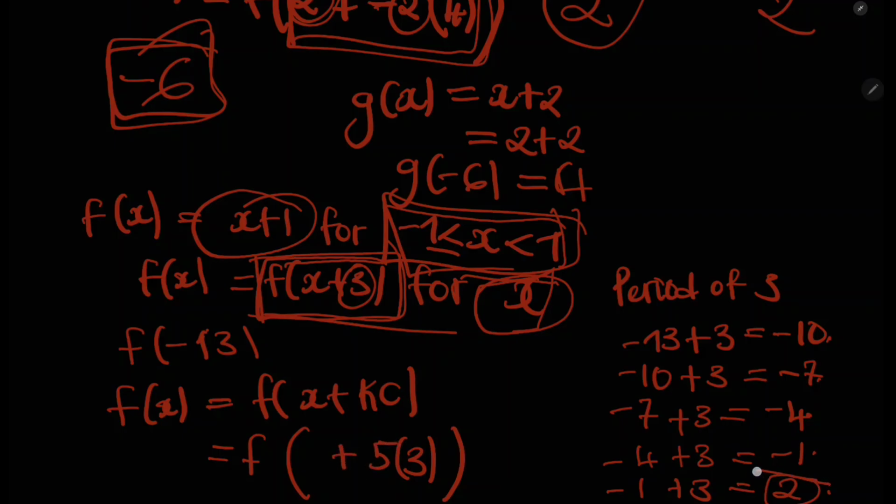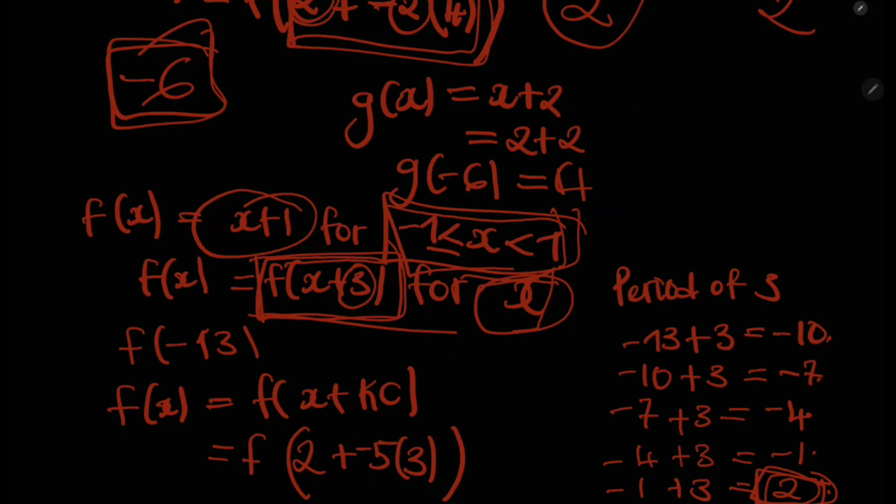And what is our last number remaining? The last number we have after adding our 3 is the last positive number we have, because remember we are adding 3 to minus 13 to give us a positive number. That is 2, so we have 2 here. Now we need to flip our signs, so we put a minus sign here.